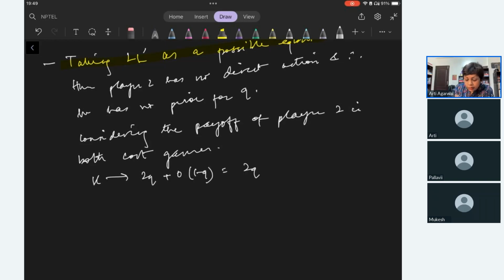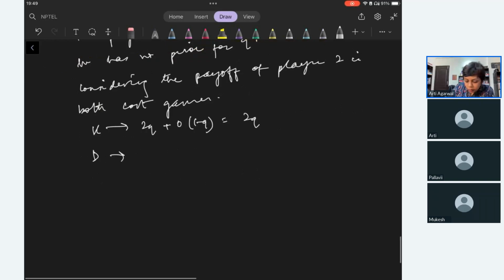And for strategy D, his payoff is 1 into Q plus 1 minus Q into 1, which is equal to 1.